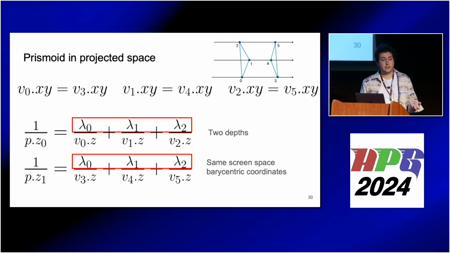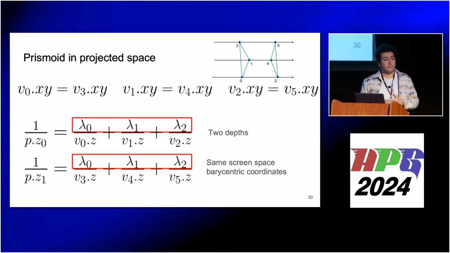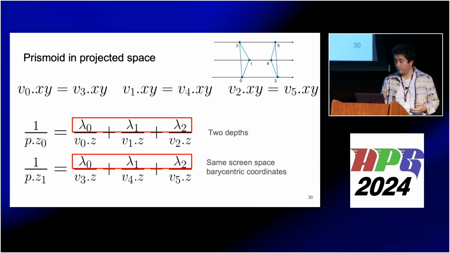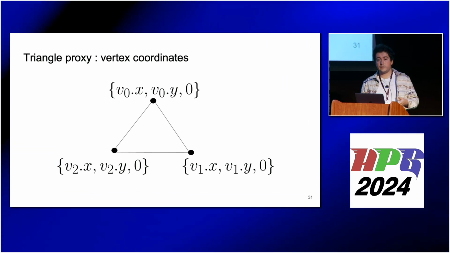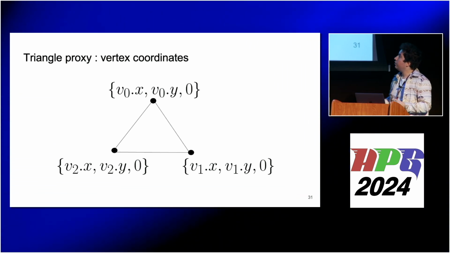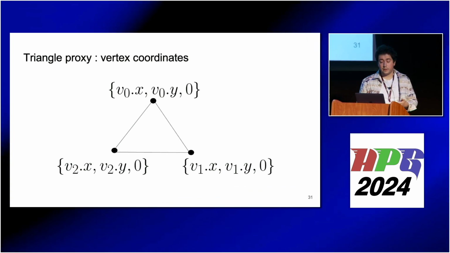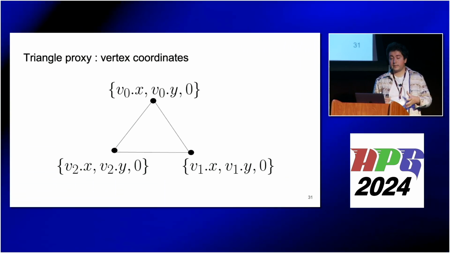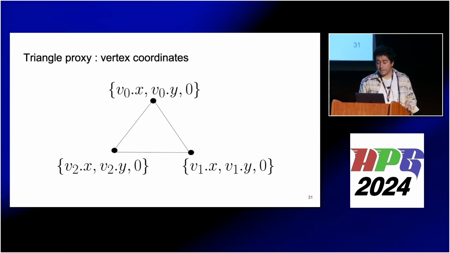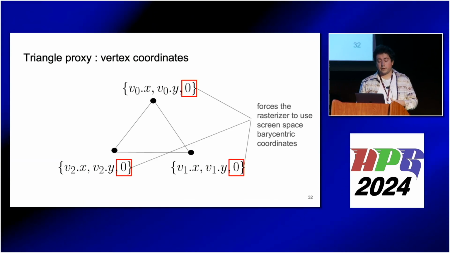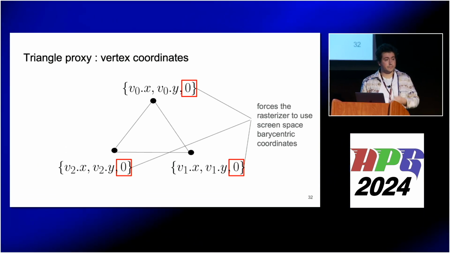So now the question is, how can we force the rasterizer to compute these 2 depths, and how can we have our results? Well, the solution is this one. You encode your 2 triangles as a single one, which will be used as a proxy, and you just encode x and y for the position, and you leave z to 0. And this will force the rasterizer to use screen space barycentric coordinates to interpolate vertex attributes.